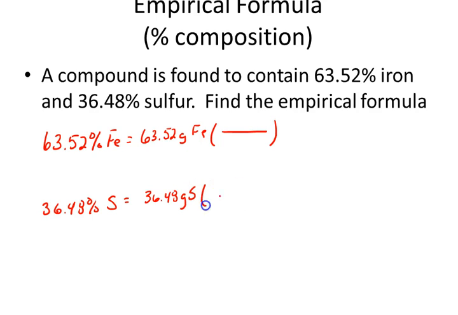Then go through the same process. Once we have mass, we convert to moles. 1 mole of iron, 55.8 grams. 1 mole of sulfur, 32.1 grams.